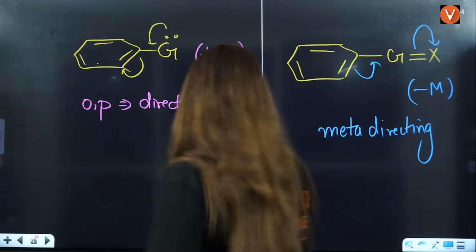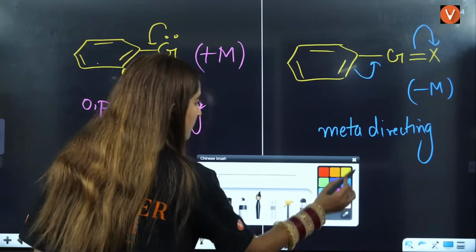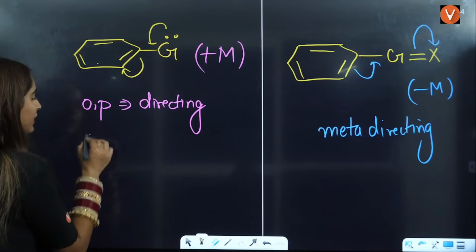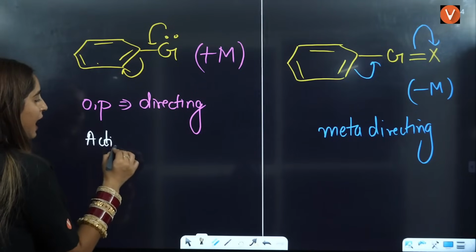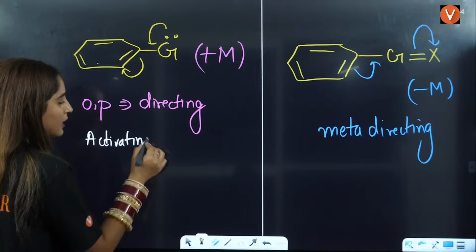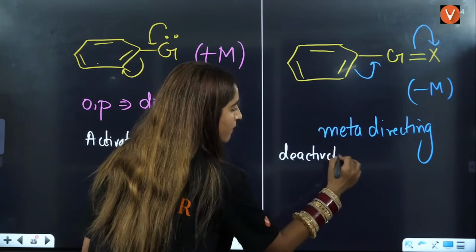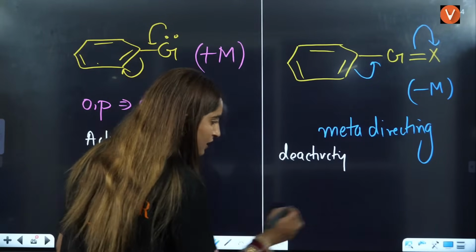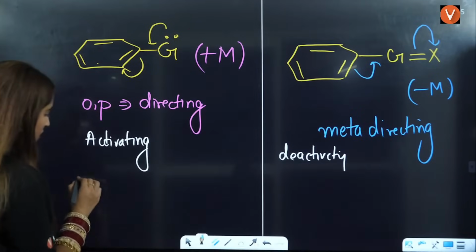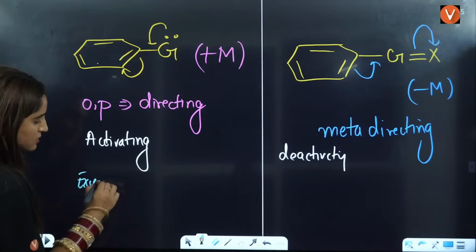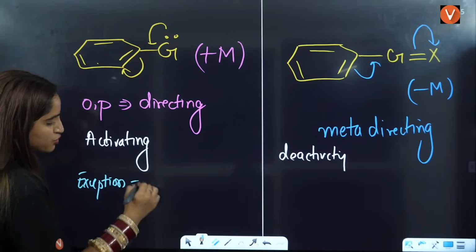Usually, beta, remember, these groups are activating, and these are deactivating groups. But the exception is halogen.